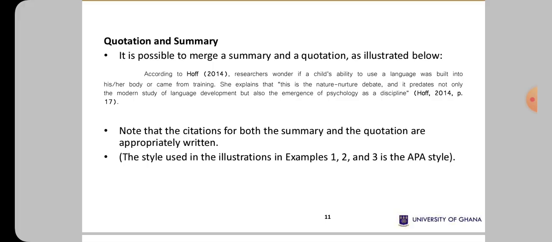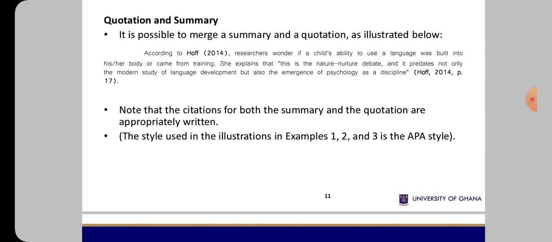She explains that. Here we see we have brought the quotation mark. The quotation mark here means that we have quoted the person directly. So everything is from the book. Let's look at it. This is the nature debate.